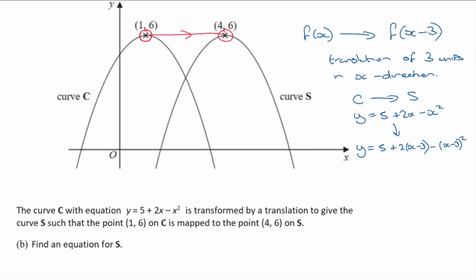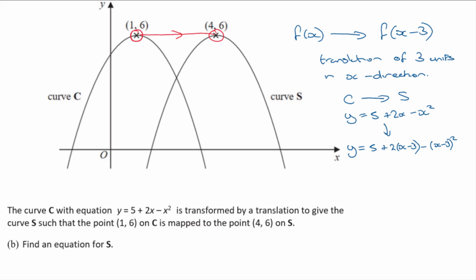I'll just budge this over because I think it might be falling off the edge. So basically every time we saw x in here, which is here and here, I'm going to replace it with x minus 3. So the 2x became 2 lots of x minus 3, and the minus x squared became minus x minus 3 all squared.